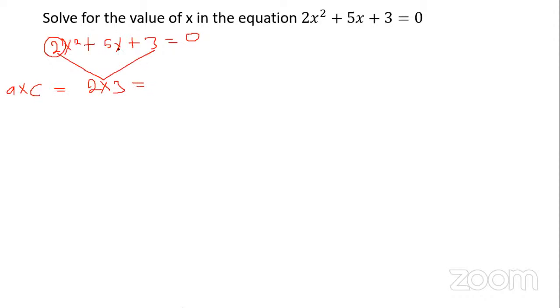And what would that give us? 2 times 3 will give us 6. Now it is this 6, so we are going to get factors of 6. And from those factors, we get two numbers that when we multiply them, they give us 6, and when we add them, they give us 5.